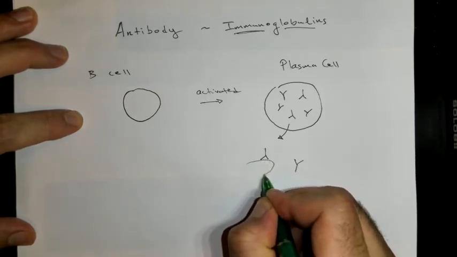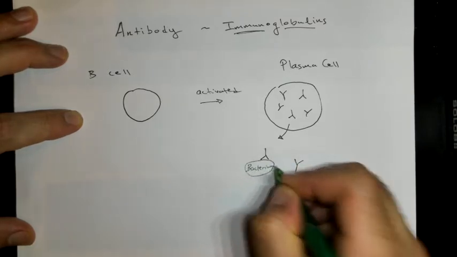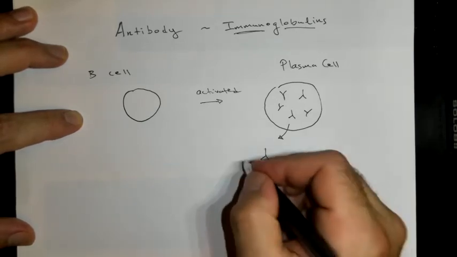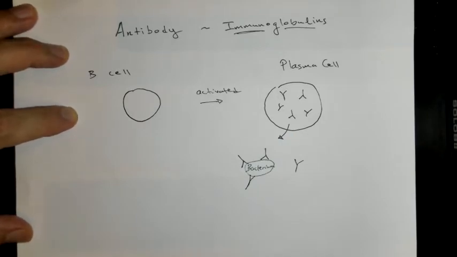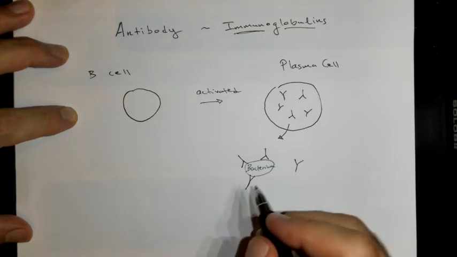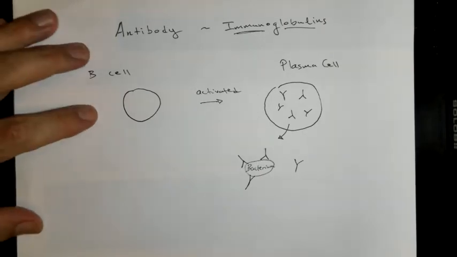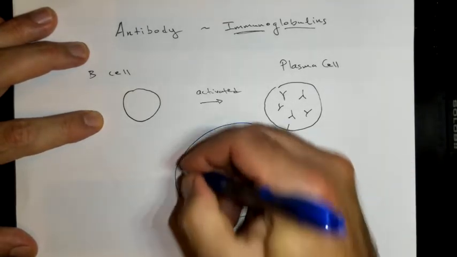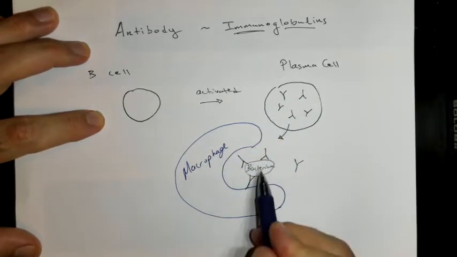So let's say if this is a bacterium right here, the antibodies will bind to the bacterium and help to neutralize it and help to also activate other white blood cells, such as macrophages, to come in and to eat the bacterium.